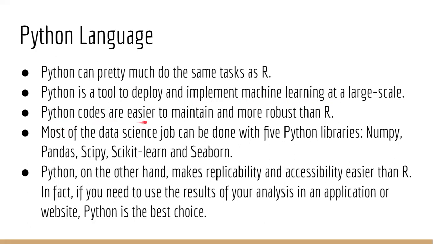Again, Python code is easier to maintain and more robust than R. So this is one of the differences which we see apart from R. Python coding is much easier when compared to R. Most of the data science job can be done with 5 Python libraries such as NumPy, Pandas, SciPy, Scikit-learn, and Seaborn.